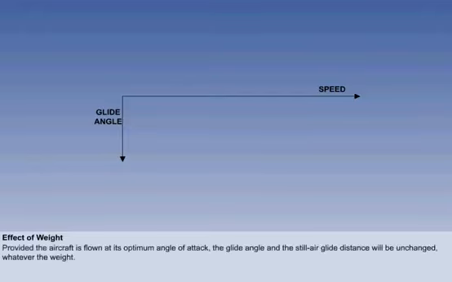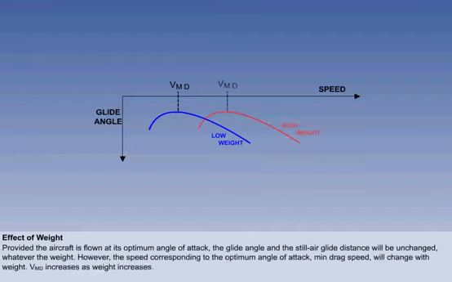Provided the aircraft is flown at its optimum angle of attack, the glide angle and the still air glide distance will be unchanged, whatever the weight. However, the speed corresponding to the optimum angle of attack, minimum drag speed, will change with weight. VMD increases as weight increases.